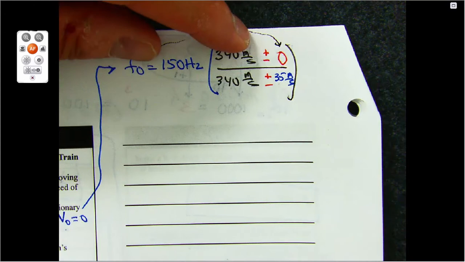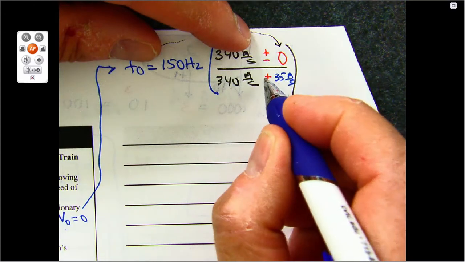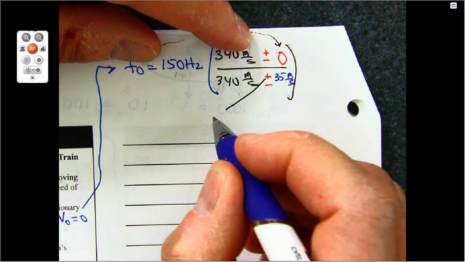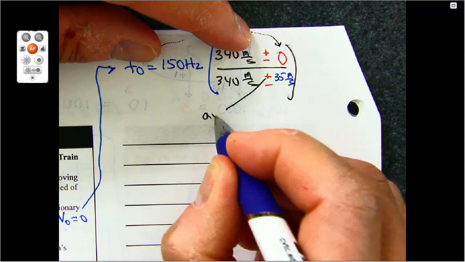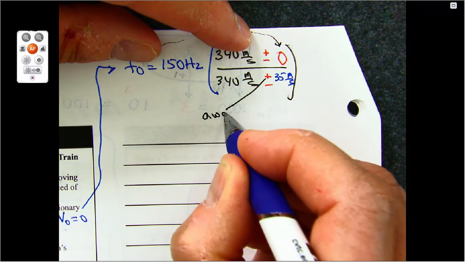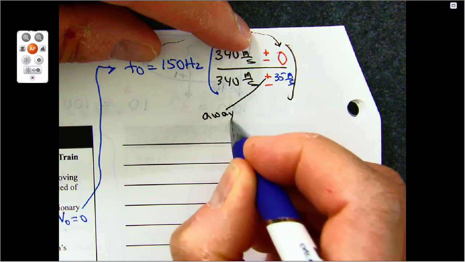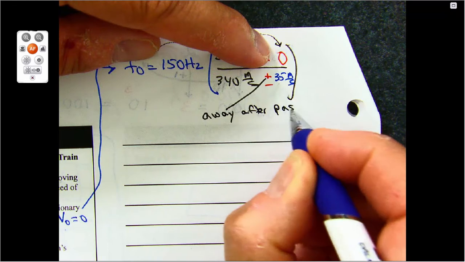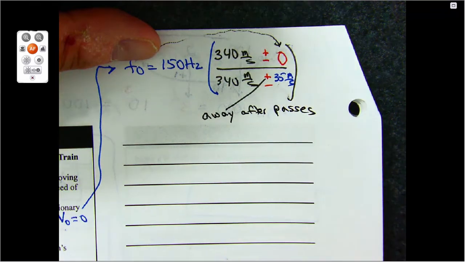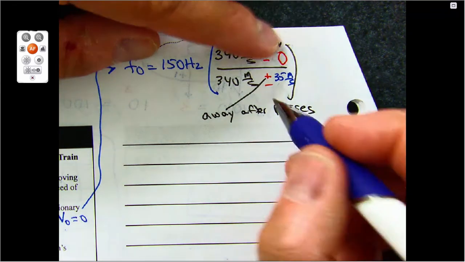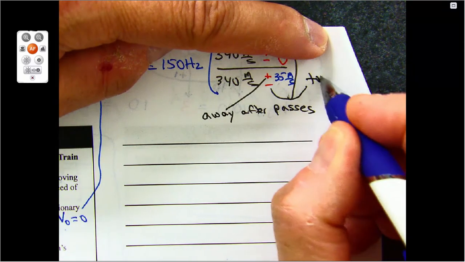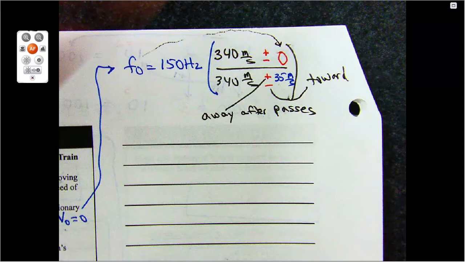So this plus is going to be for away, after it passes. And the minus would be toward, before passing, right?